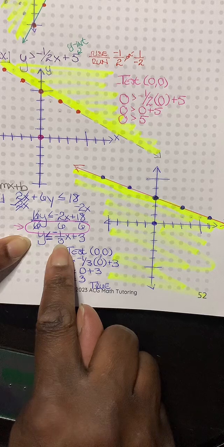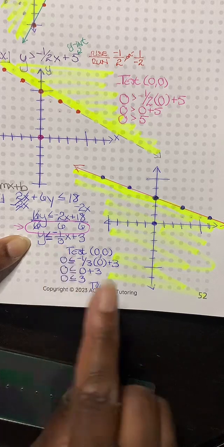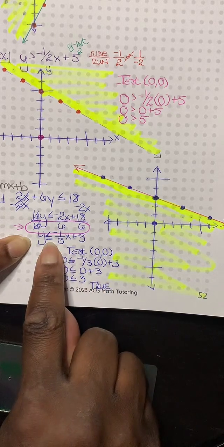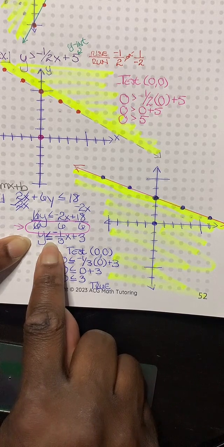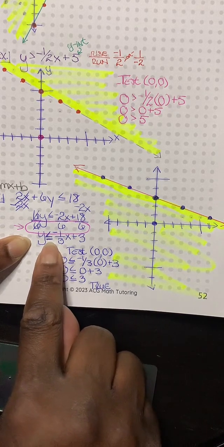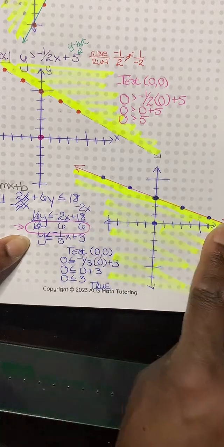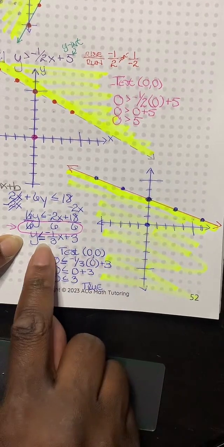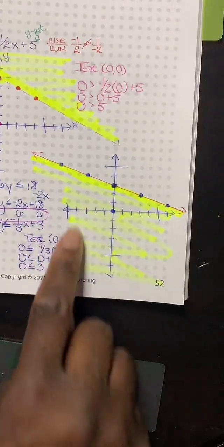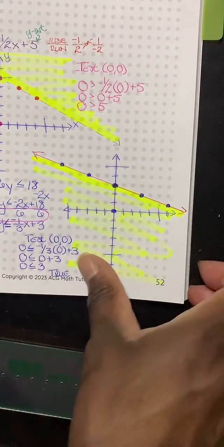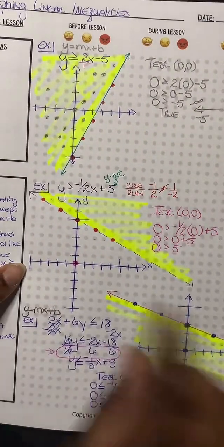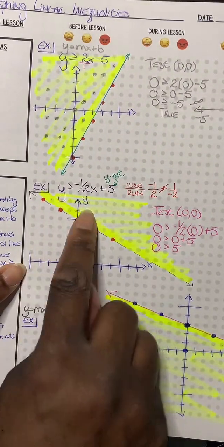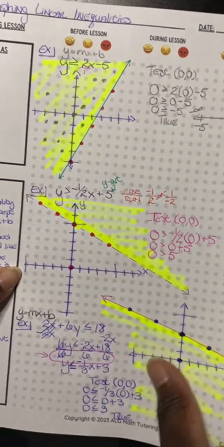Our slope is telling us where to go for the next point. Then we have to stop and take a look. Is it a solid or a dashed line? Which in this case it was solid because it's equal to, okay? And then we had to either test it, or if you notice, if it's less than, we shade below. If it's greater than, we shade above.